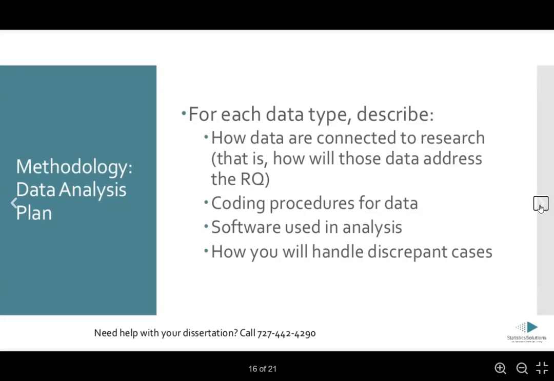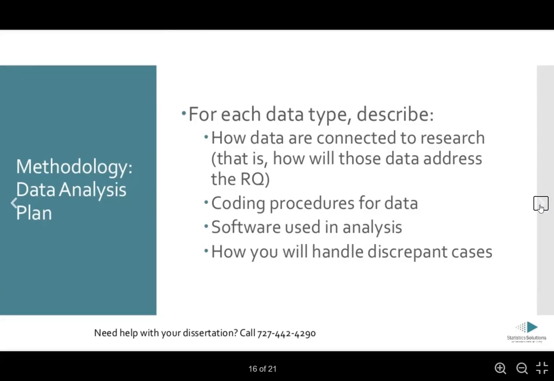Now, if you don't intend to use software, that is totally okay as well, depending on, of course, your chair and what they'll approve. But other ways that you might analyze data without software are you could use an Excel file. So you could just have your transcript data in the rows and then develop codes across the columns and then put X's across areas where you think that the participant has described a particular experience to show that the code is there.